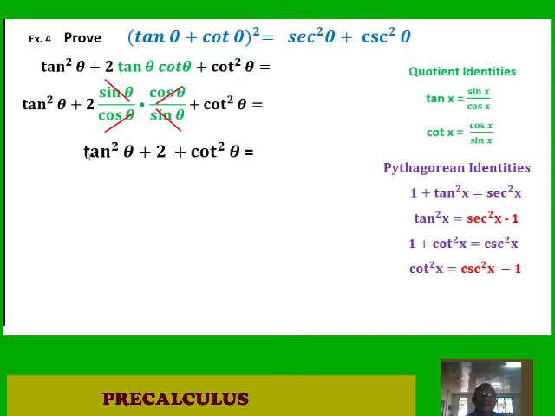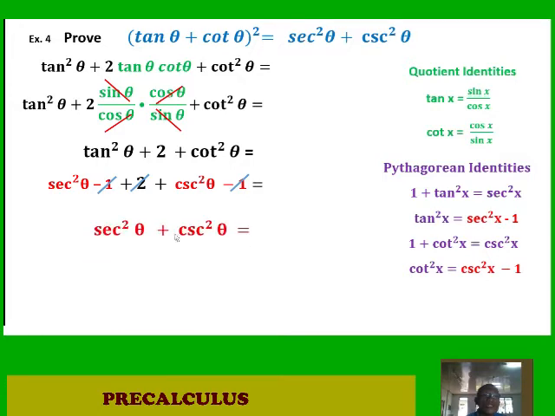Substituting tangent squared theta with this right side of the identity, and so with the cotangent squared theta, okay, and negative 1 plus 2 and negative 1 cancels out. So we are left with secant squared theta plus cosecant squared theta, which is equal to the right side.